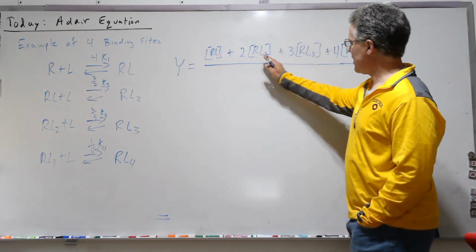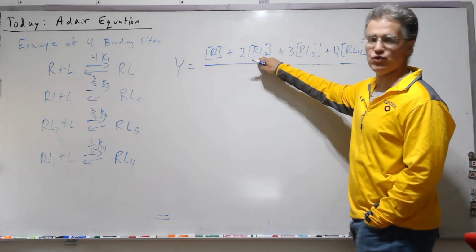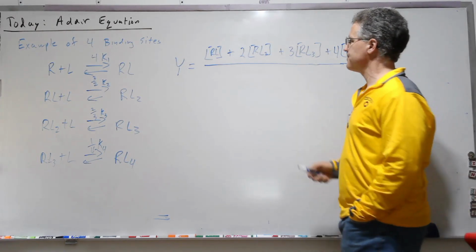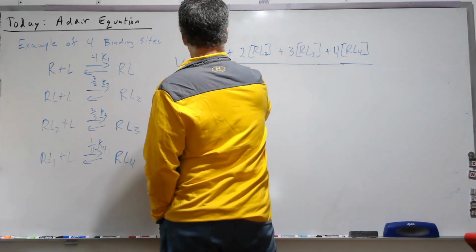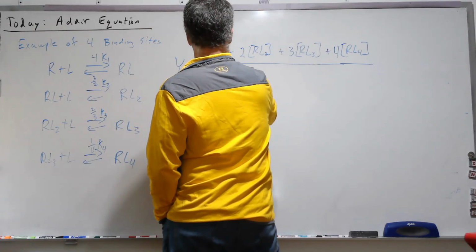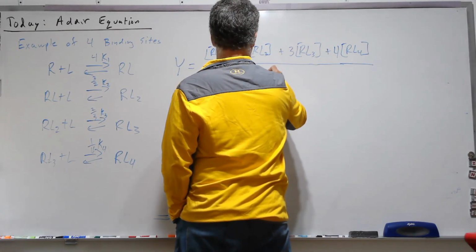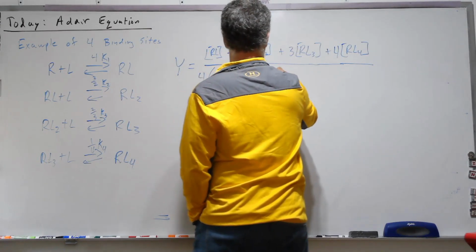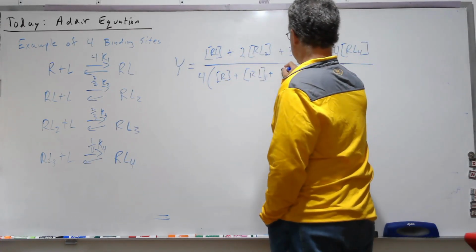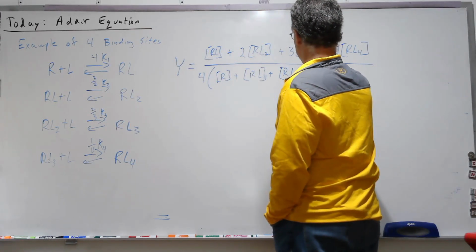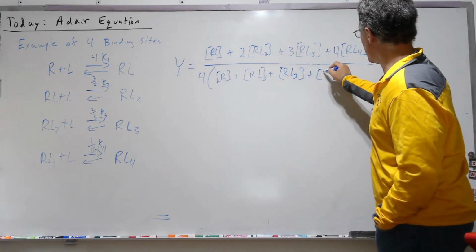Because we're looking at the bound sites. So for every one of these, we actually have 2 sites bound. And then we divide by the total number of sites, which is just going to be 4 times the concentration of all of these. So we have the empty site and then each of the subsequently bound versions.